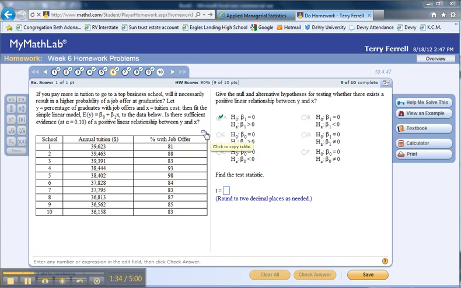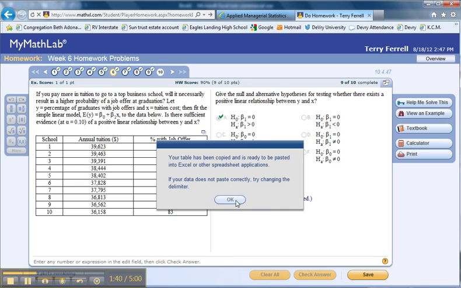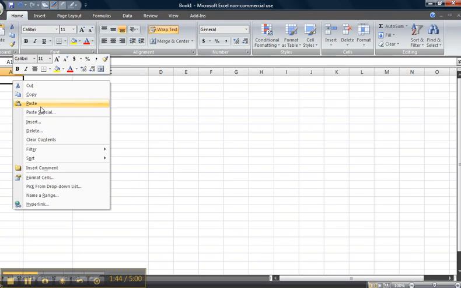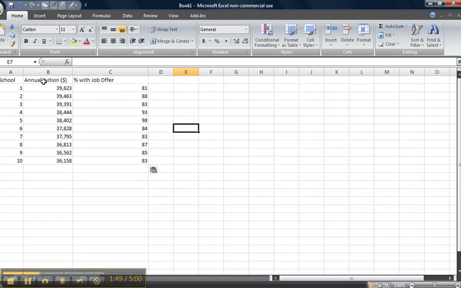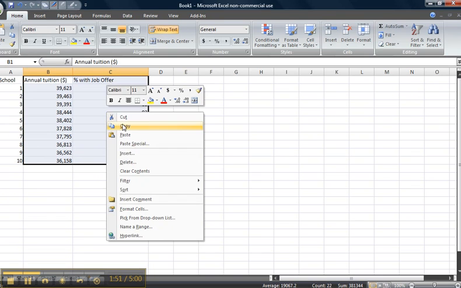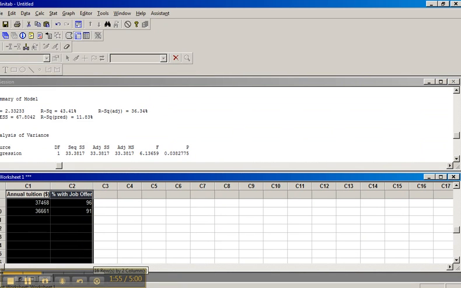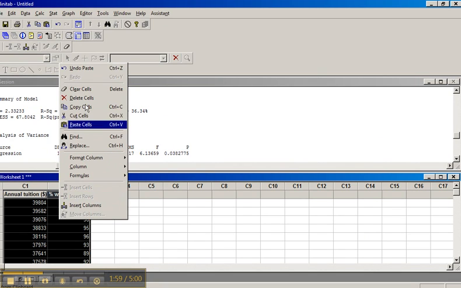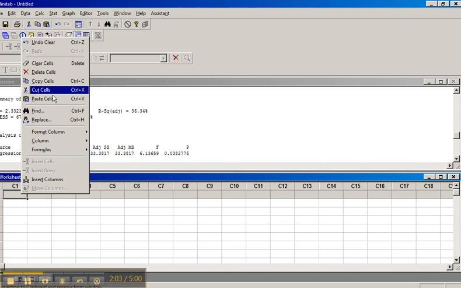The easiest way with this program is to click here, open, copy to a clipboard, open up Excel, and paste. Now it's in Excel. Now I'm going to copy it from Excel, and I don't know why it doesn't copy directly to Minitab. It just doesn't, and I'm going to get rid of some data I had in there earlier because it's a little different. I'm going to paste.